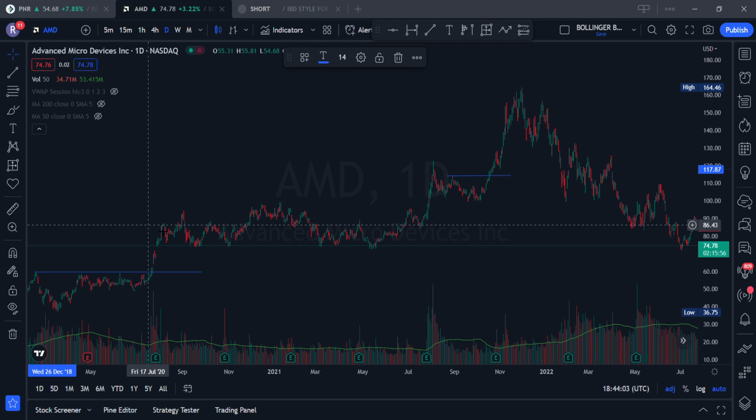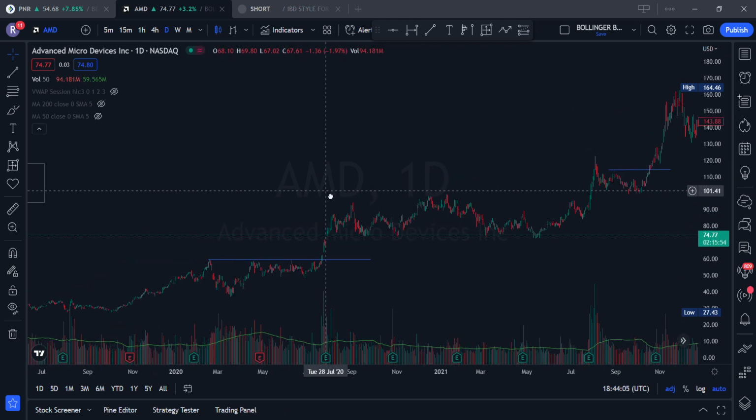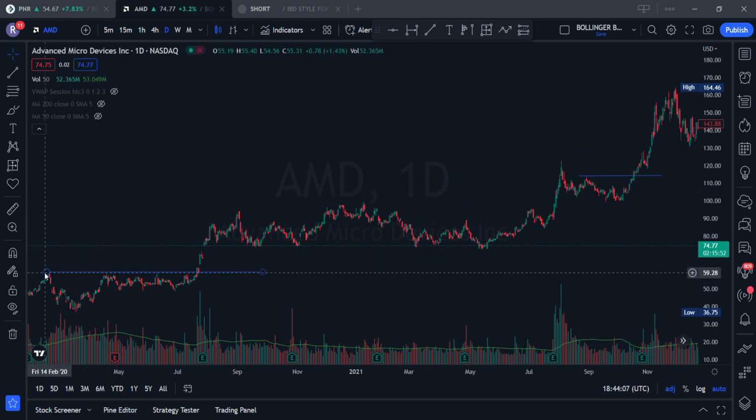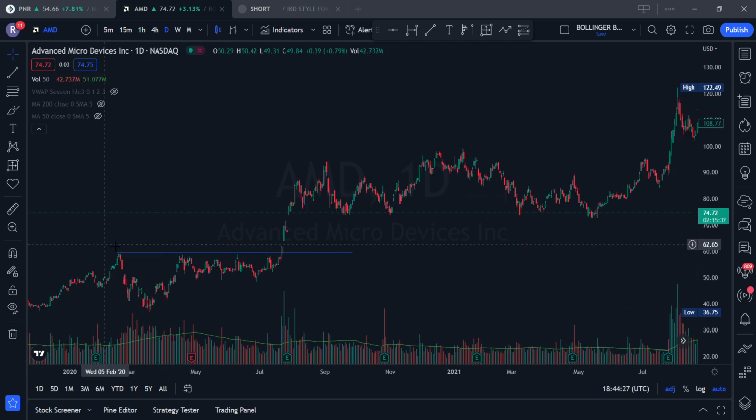For example, here I'm looking at AMD. You see, from 18th of Feb 2020 until 22nd July of 2020, AMD was facing a resistance around the $60 level.